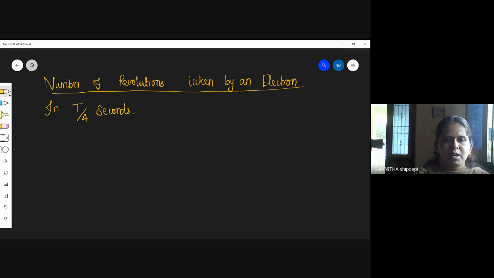Up to this many seconds only, the electron has the maximum energy and maximum speed. So the electron takes n revolutions and it moves in a constant radius.